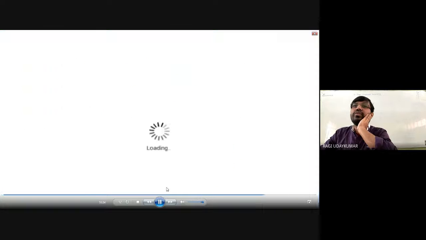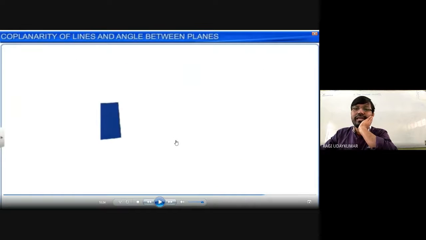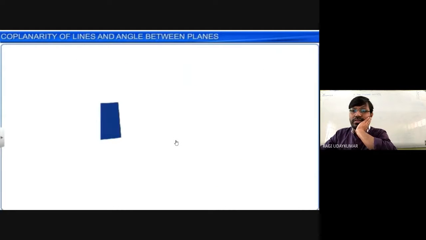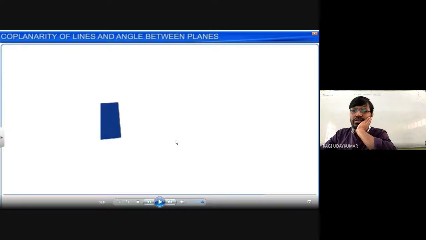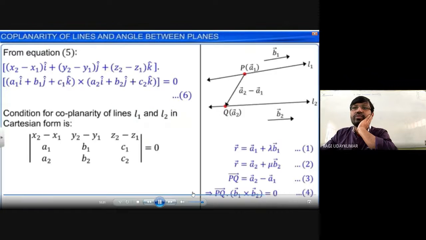So actually question कैसे दे देगा वो? Equation of a line means x minus x1 by a1, y minus y1 by b1, z minus z1 by c1 will be given to you.